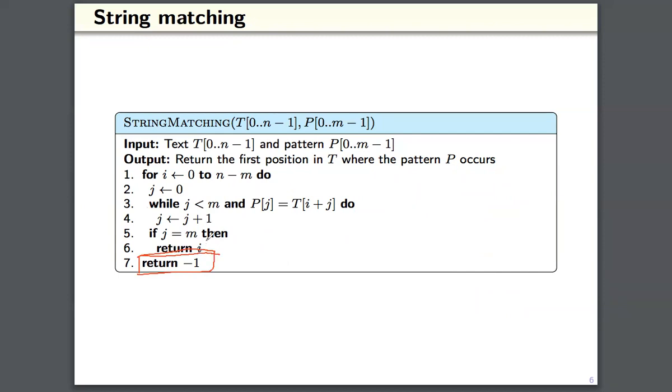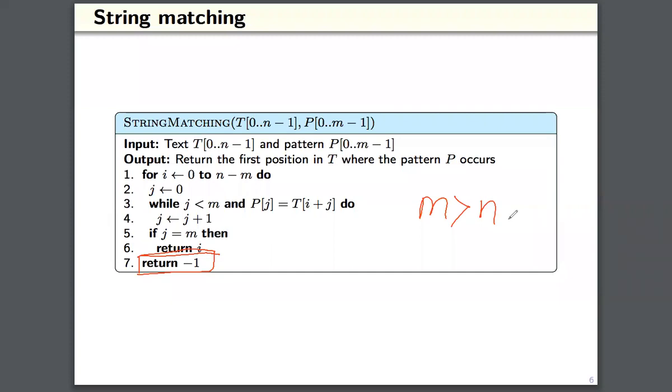So does this make sense? Yes. Okay, so any questions here? Can you tell me what happens when m is greater than n? You'll probably get an array out of bounds error. No, you don't get into this for loop. Why?